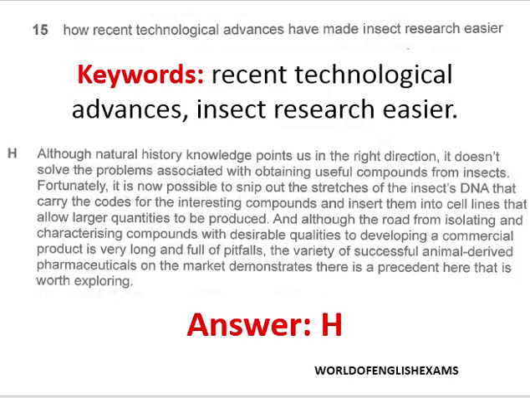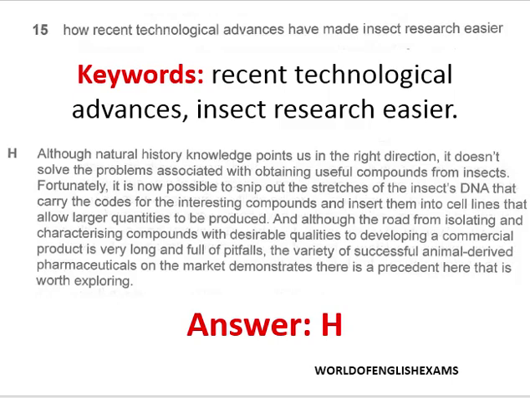So recent technological advances have made insect research easier. Previously maybe it was difficult to do research on insects, but now because of the advanced technology, insect research is made much easier. So that is the meaning of the statement. The keywords are recent, technological advances and insect research easier.